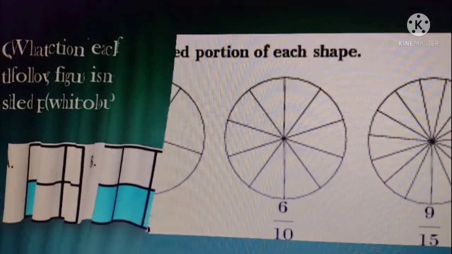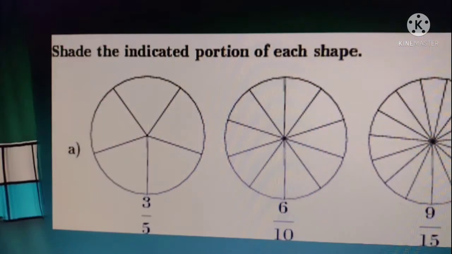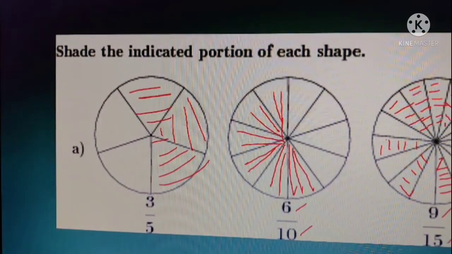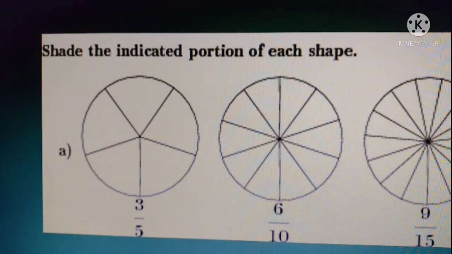So now this is our next question. Here you can see, shade the indicated portion of each shape. Here 3 by 5, that means this figure is divided into 5 equal parts and you have to shade 3 parts.